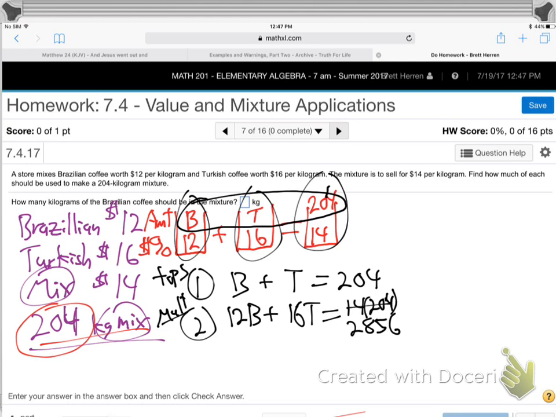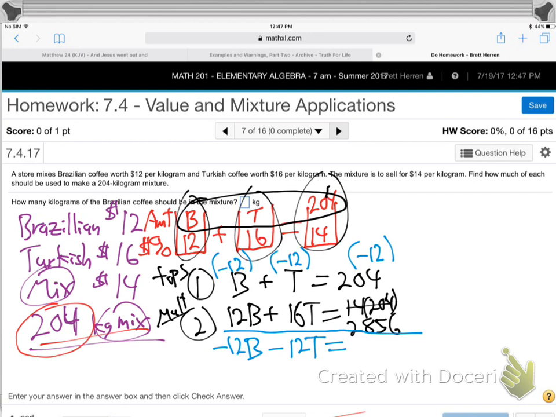All right, you know the drill. Make the fronts opposites. Get them to cancel. So I'm going to multiply through by negative 12, negative 12, negative 12. What are we going to get? Negative 12b minus 12t. 12 times 204.